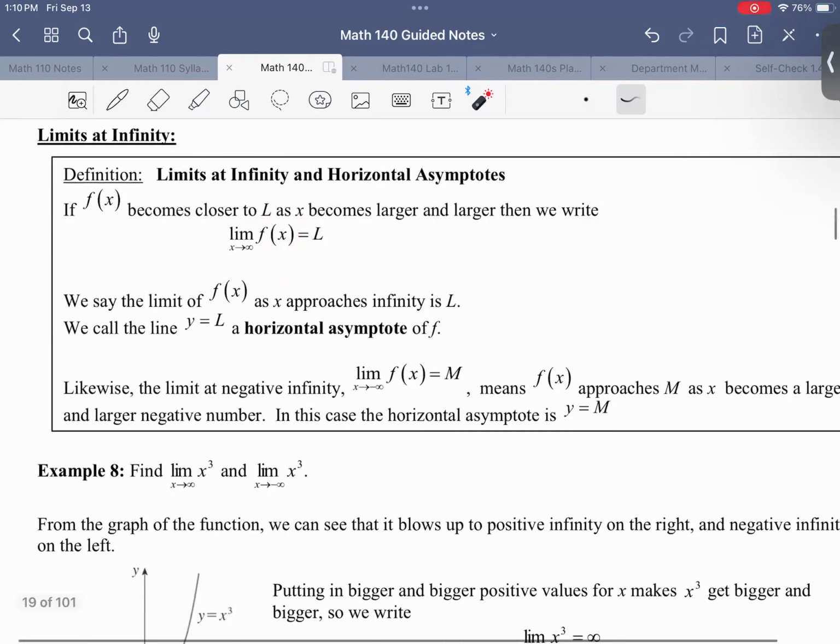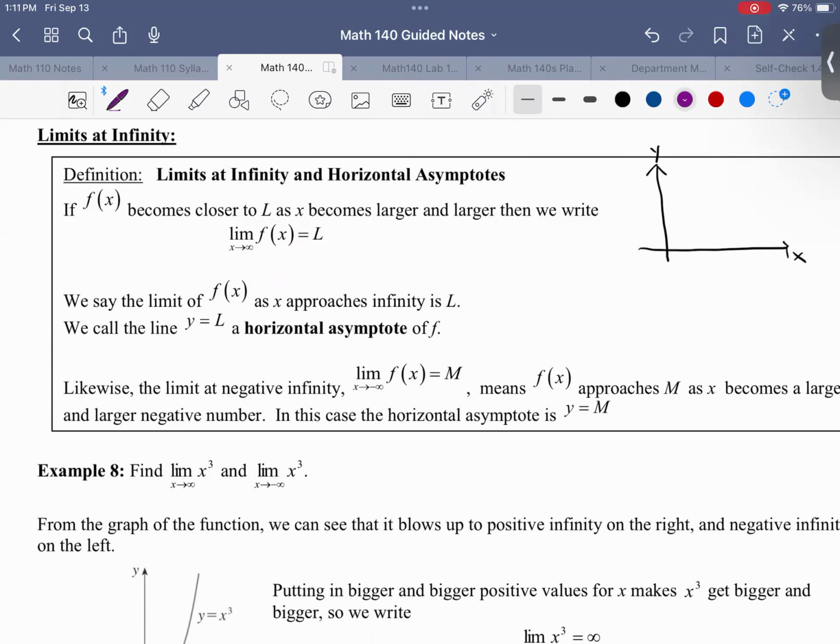So what do I mean by that? Say we have some visual representation, right? Here's your y, here's your x, and say we're going off to infinity, but we're not able to pass this specific line.